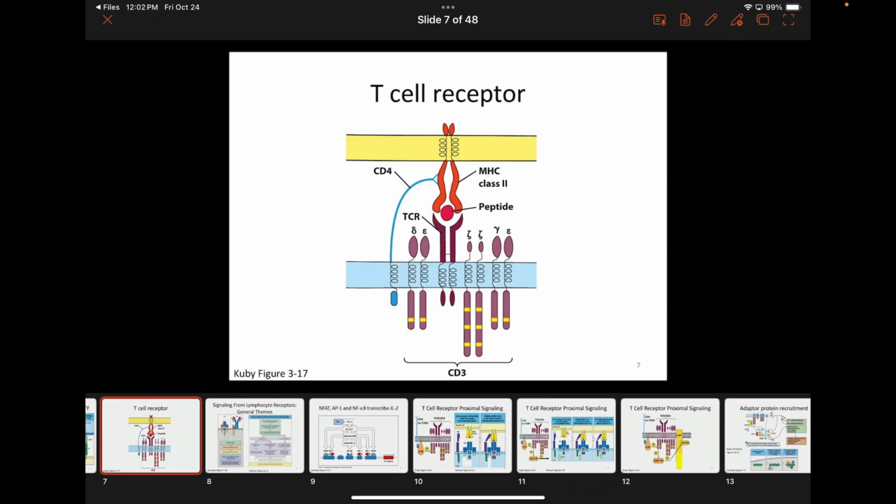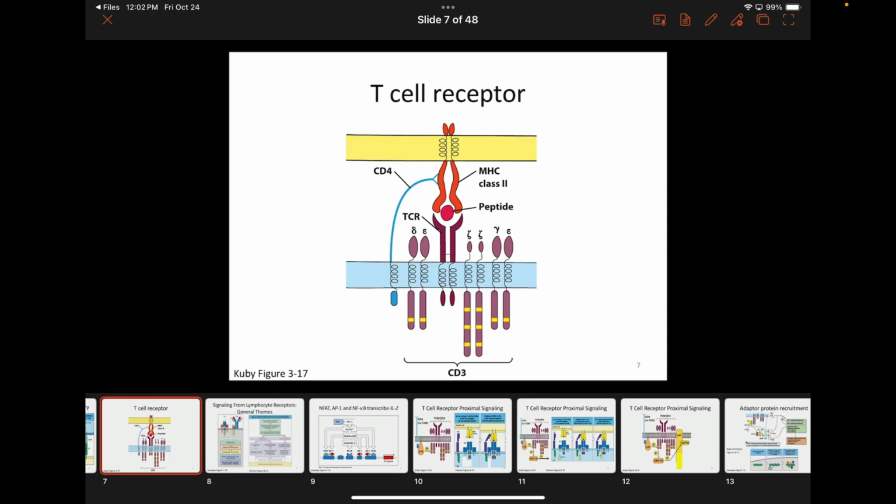What actually happens inside that T cell? I've already told you a little bit about what happens, and you're going to see that on some later slides as well. I'm going to show you slides that basically tell you things I already told you verbally today and verbally in the past.